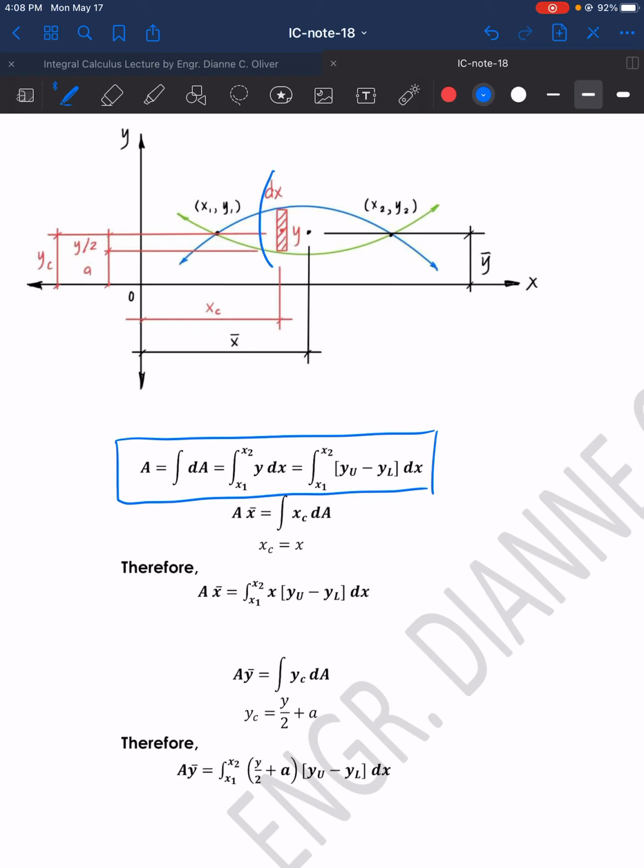If we decided to use the vertical area strip y dx, we have here the integral of y dx. Take note that the area strip is not touching the x-axis. That means we will need to find the value of y, which is equal to the y upper minus the y lower.